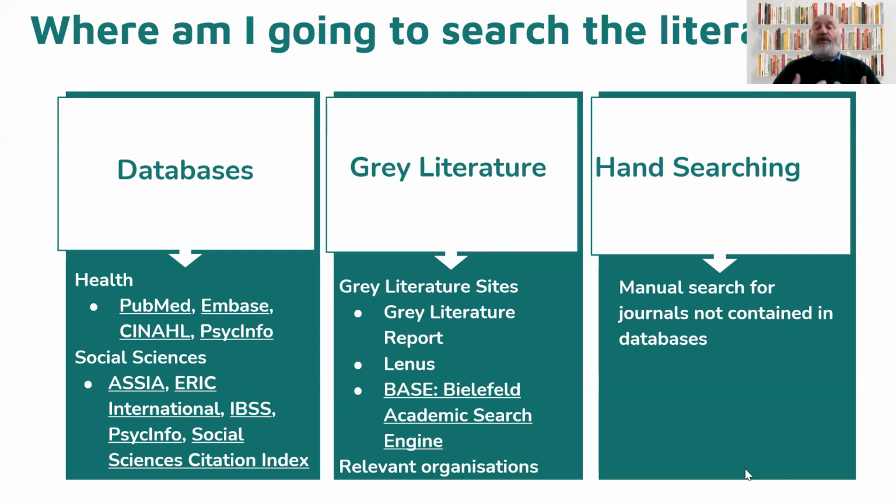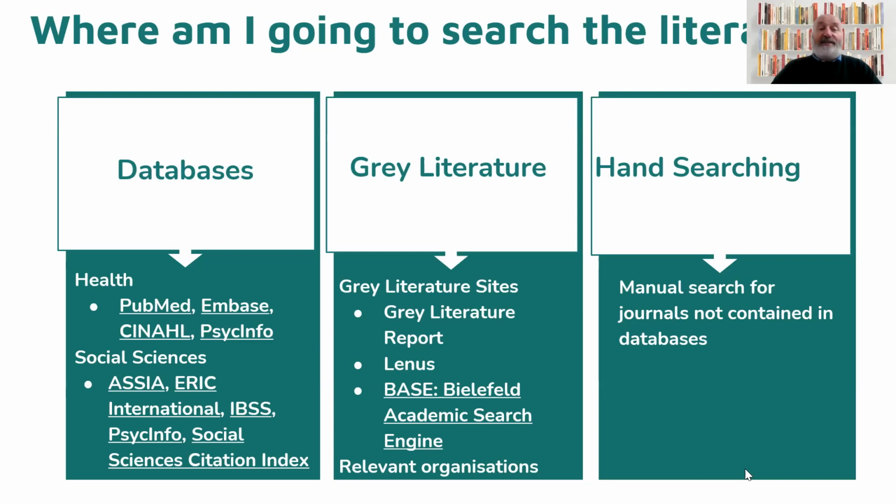Make sure that you consider other subject areas that might be less familiar to you but are very relevant for your topic. We see quite a lot of psychology or education being part of those, and if you don't search databases in those areas, there's a possibility you could miss out on the literature.